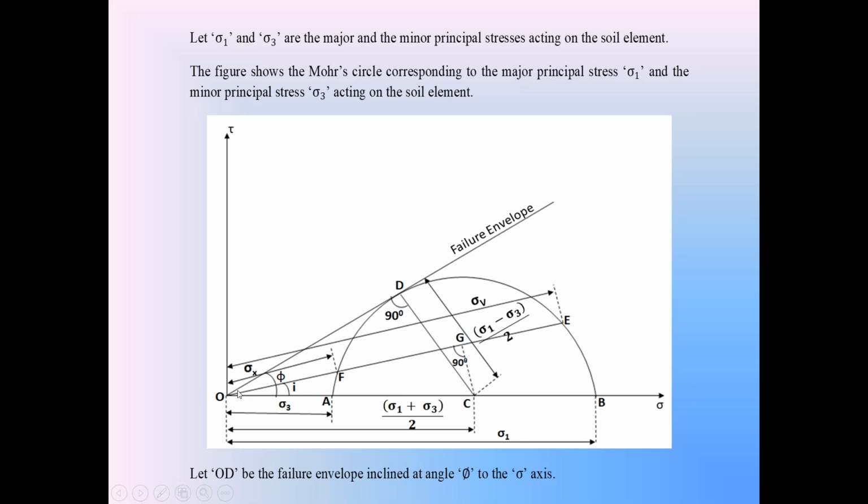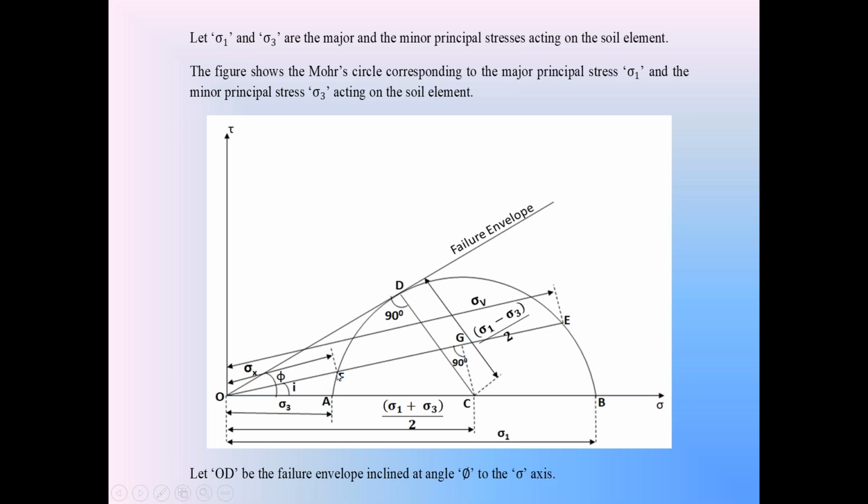Draw a straight line passing through the pole O making an angle i with the sigma axis or x axis. We know that the failure envelope makes the angle phi with the x axis, the angle of shearing resistance of the soil. To find the vertical stress sigma V and also the stress sigma X on that side element in the backfill at a depth Z, draw the straight line in the Mohr stress circle making an angle i with the x axis.